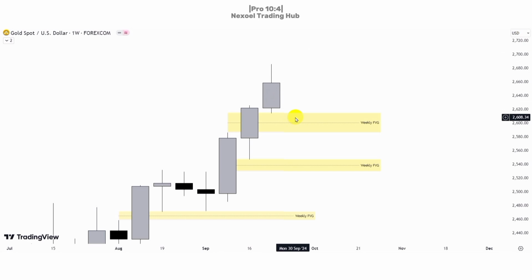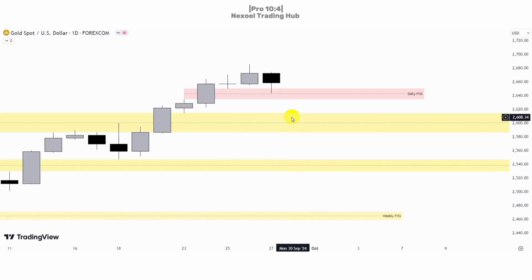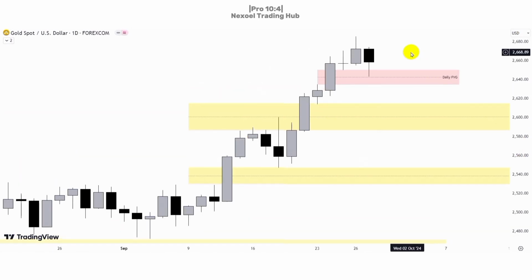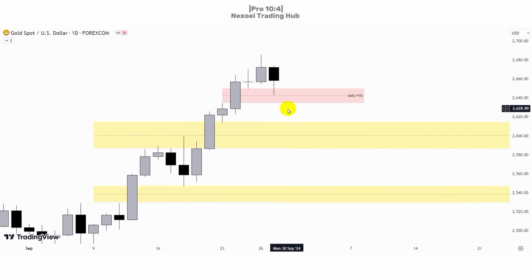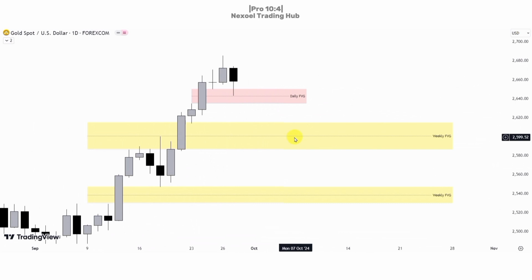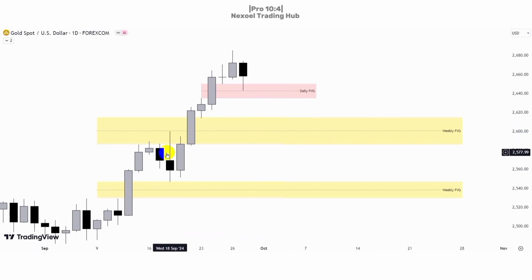So let's check the daily time frame. Here in the daily time frame, what we can see is that price is reacting at this daily fair value gap, and this is the weekly fair value gap we identified. So I'm expecting that price would possibly violate this daily fair value gap and then dip into the weekly fair value gap, in confluence with this institutional order flow.